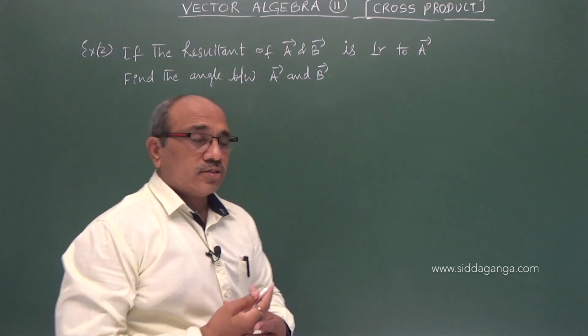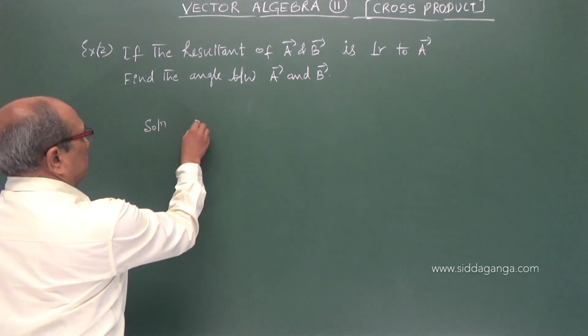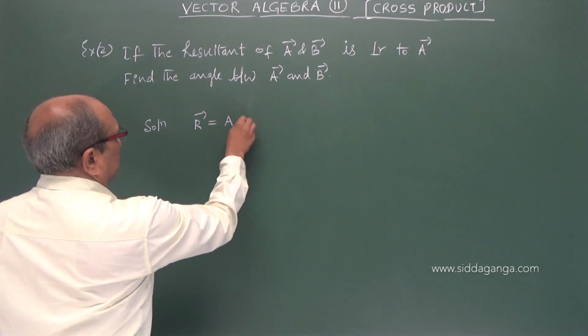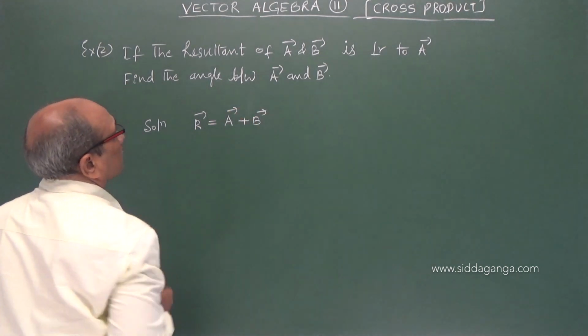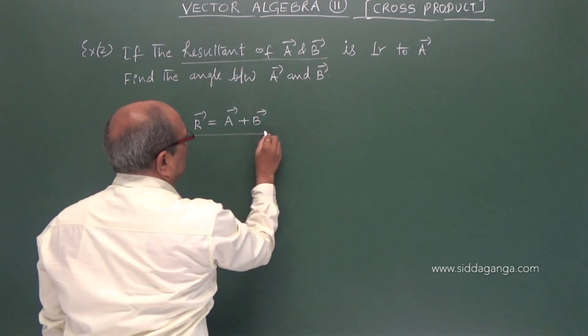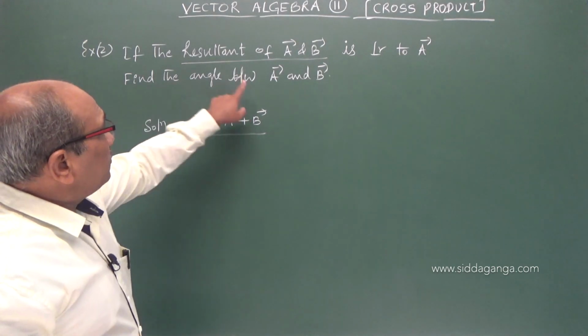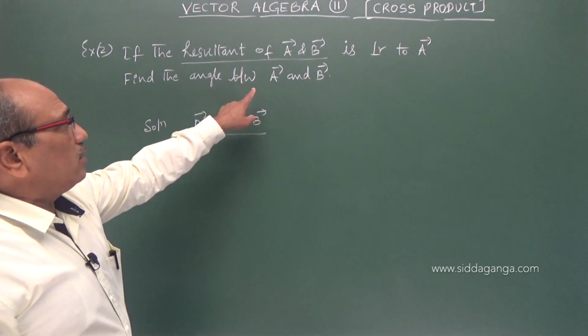So what they have given actually is the resultant. Resultant R is nothing but A plus B. Resultant of A and B means R equal to A plus B. The angle between A and B is required.